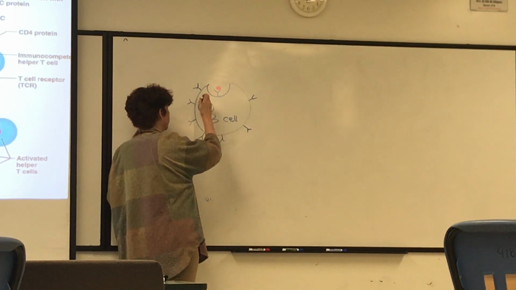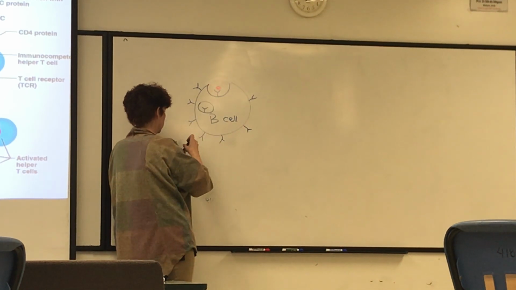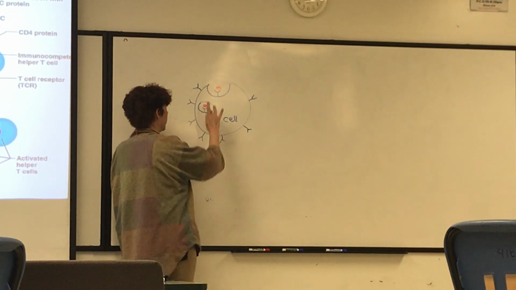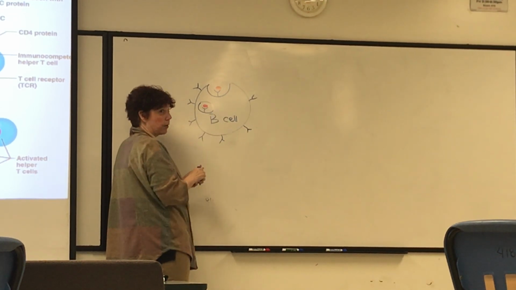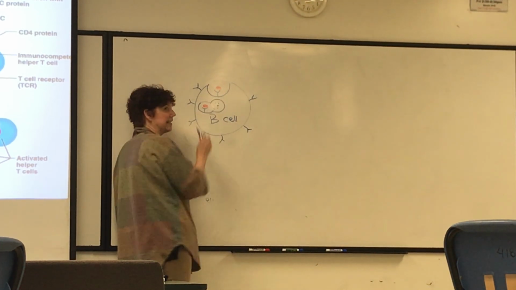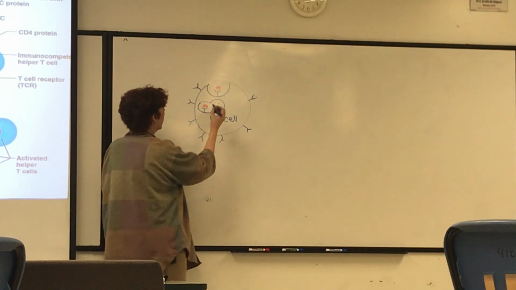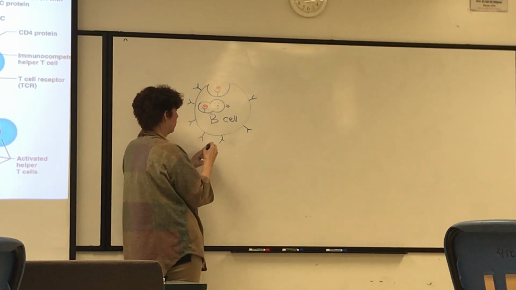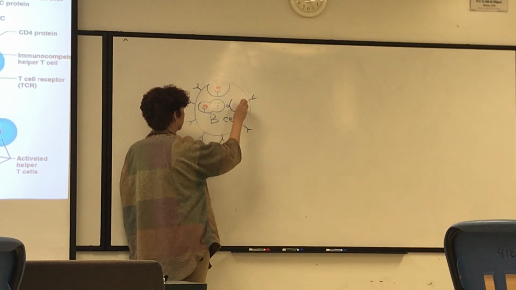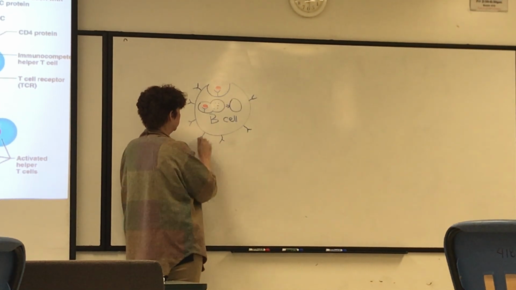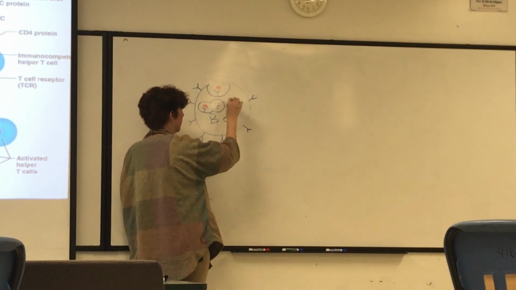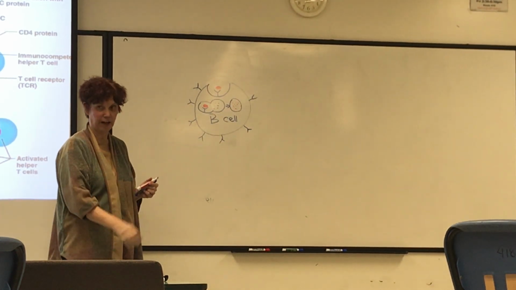So now we have this membranous vesicle with the antibody and the viral protein. And that's going to fuse with the lysosome, okay? And that's going to create, I should have drawn my B cell bigger, a cell that has the viral proteins broken down, just like we did with the macrophage, okay?